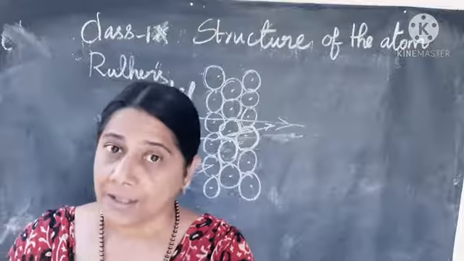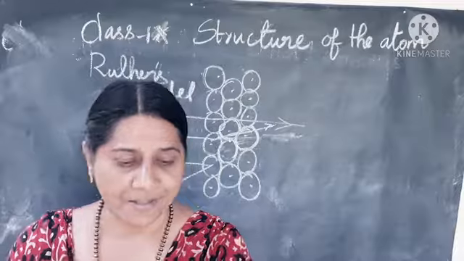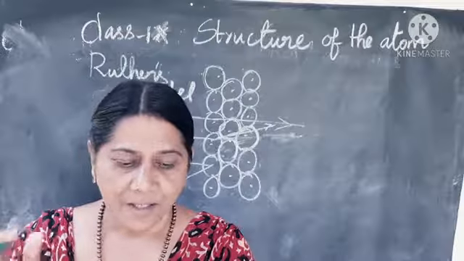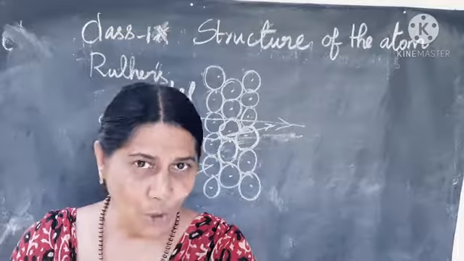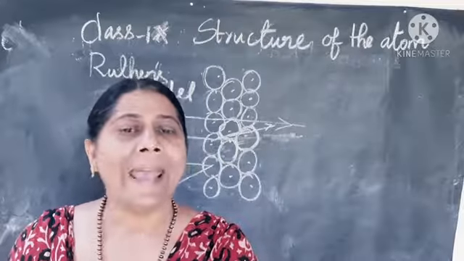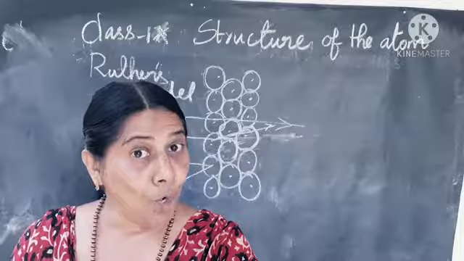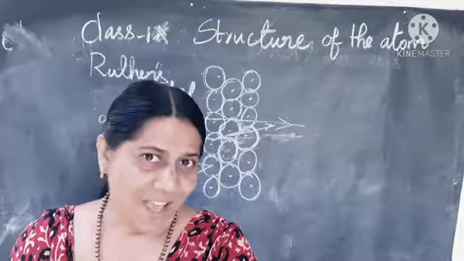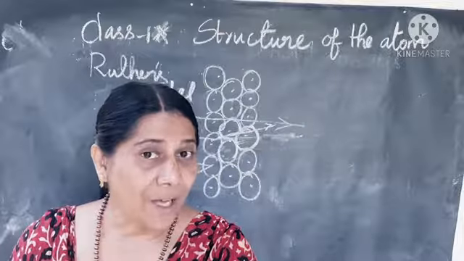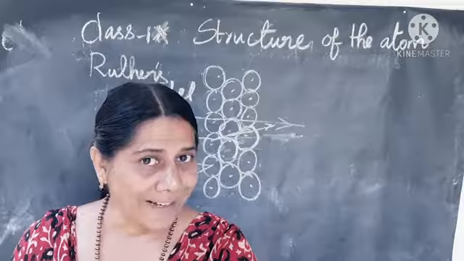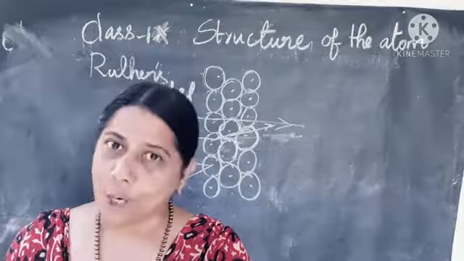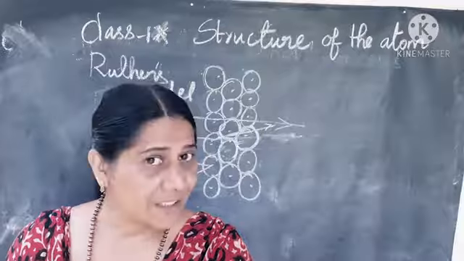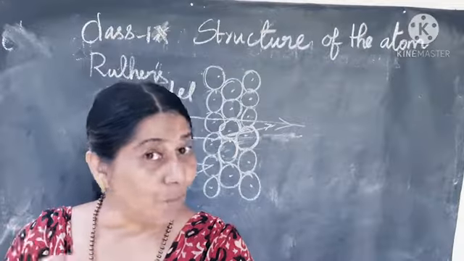Why did he select gold foil? Because we can make a thin sheet from gold, so it may have more number of atoms. And the reason for selecting alpha ray is that it is positively charged and also it is heavier, it possesses more energy.